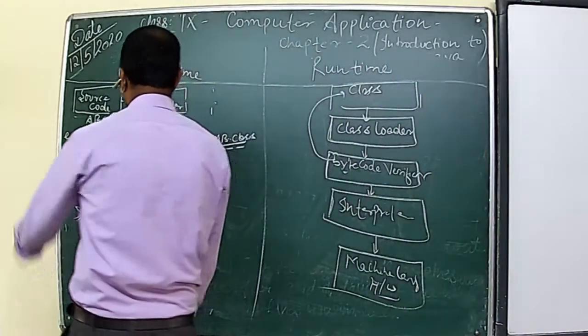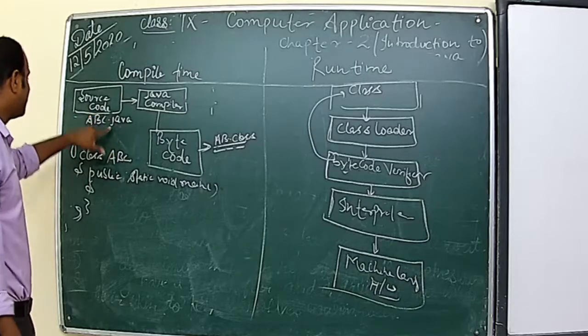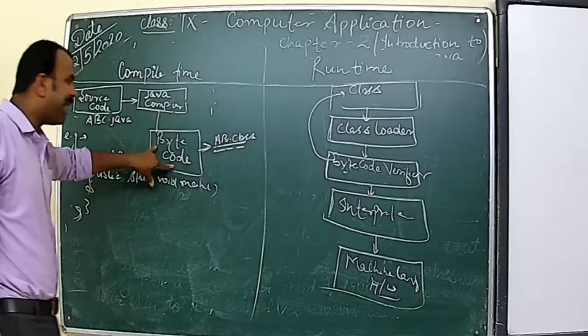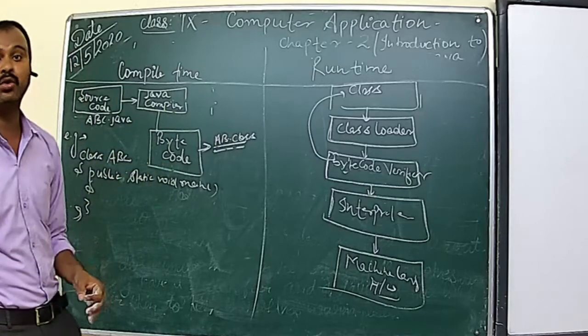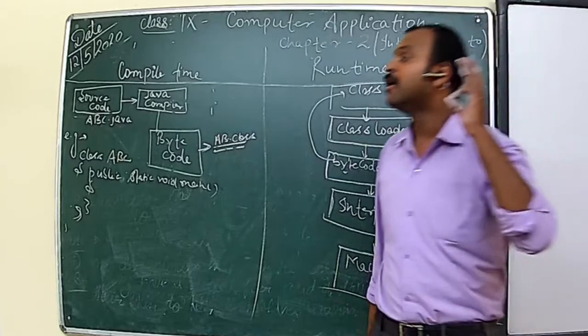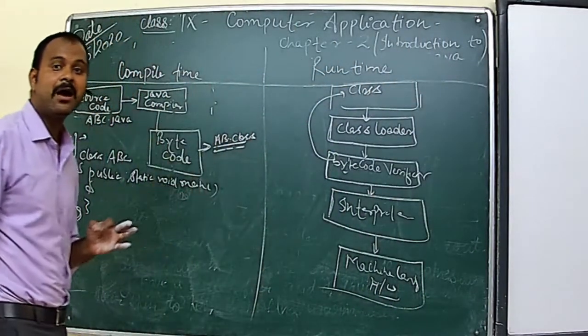At compile time, the source code, also known as abc.java, is converted by the Java compiler into bytecode, and this bytecode is also known as an intermediate language. It is neither fully machine language nor fully high level language.